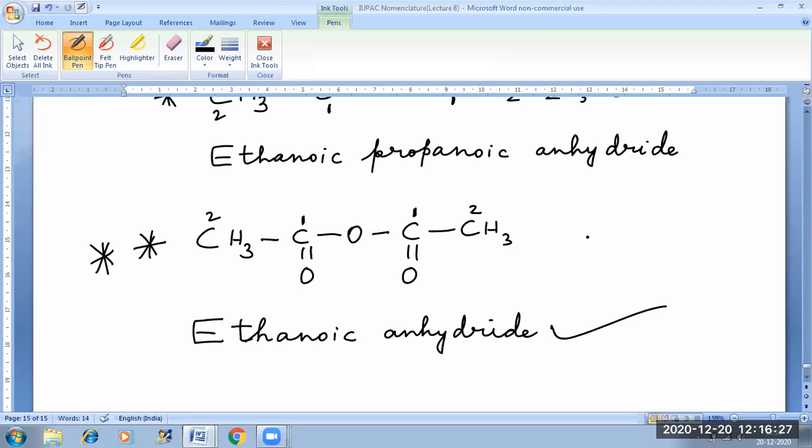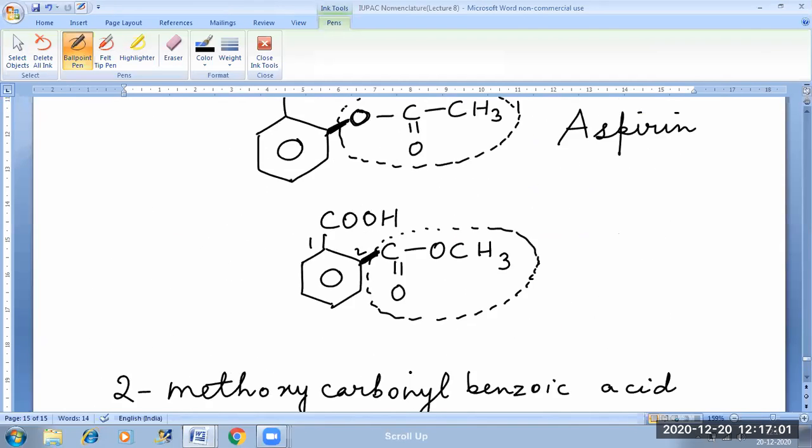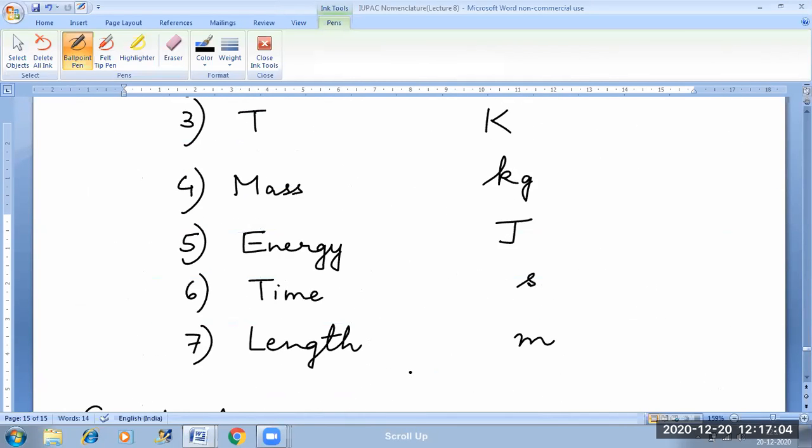So this is the IUPAC name of this anhydride, ethanoic anhydride. Okay. So we did anhydrides.